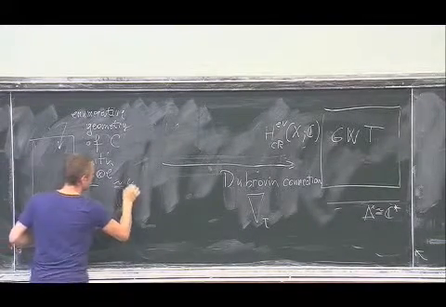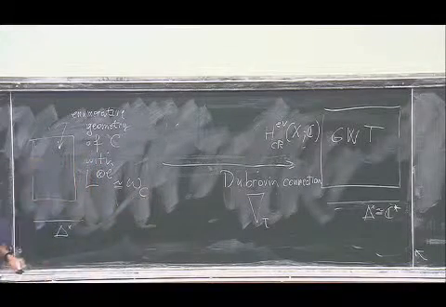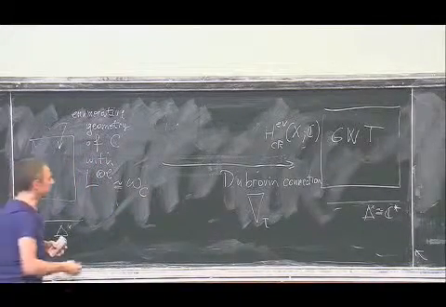So usually we consider the canonical bundle, but also any other line bundle would be interesting.